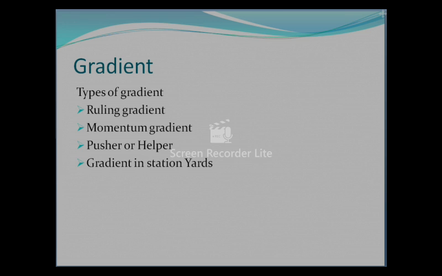That is, the gradients at station yards have to be sufficiently low due to the following reasons. First, to prevent the movement of standing vehicles on the track due to the effect of gravity combined with a strong wind and or a gentle push. Second, to prevent the additional resistance due to gradient on the starting vehicles.